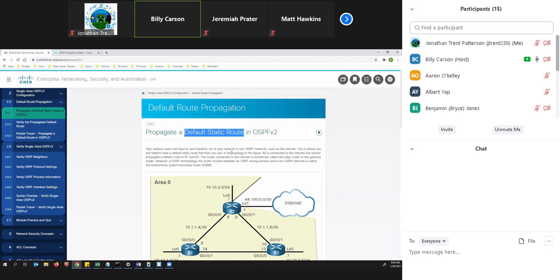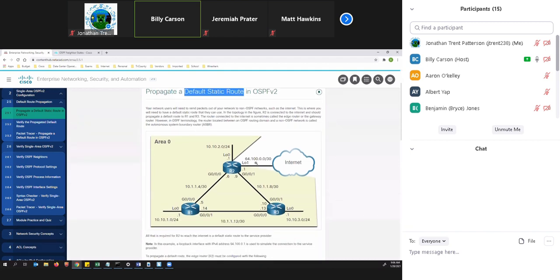Dynamic routes can change. And remember OSPF had an AD of 110. A static route is something that an administrator puts in, like this right here. This is a static route to go to the internet. I mean, what other ways can you go to the internet? You can't. So this is the static route to the internet.